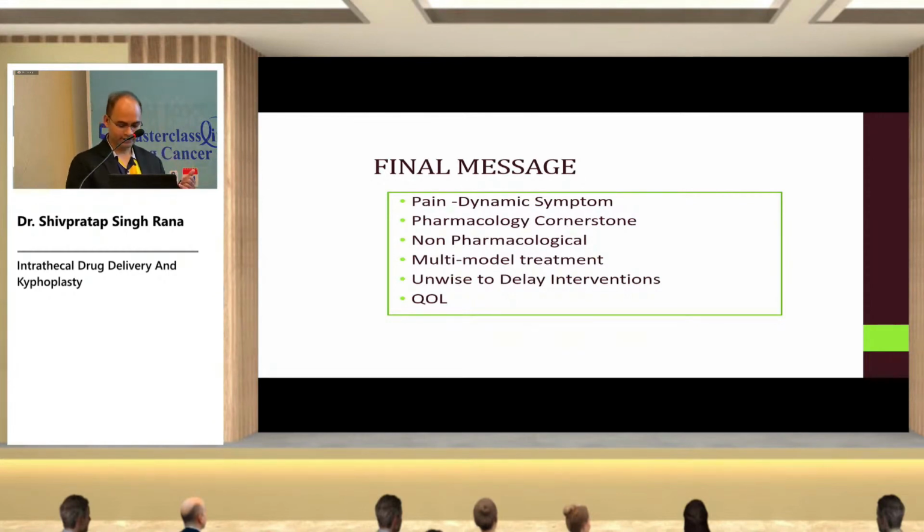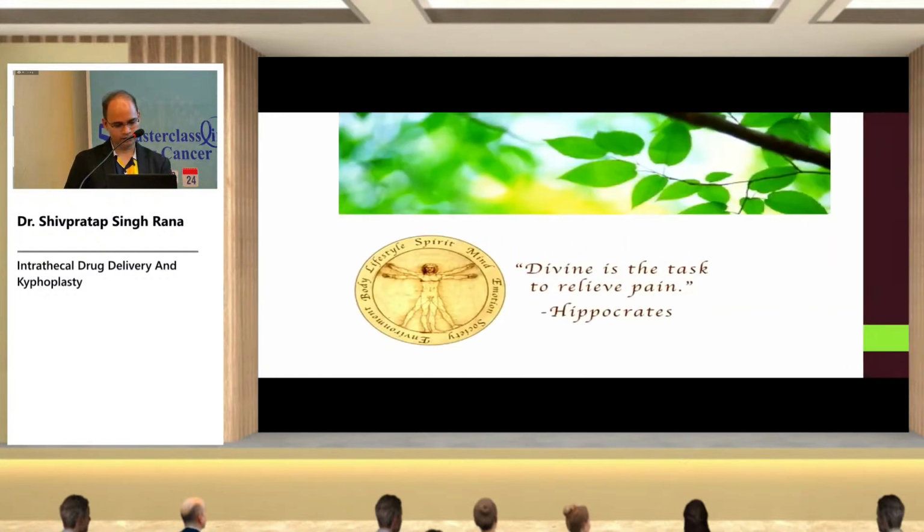It is very unwise to delay interventions. Palliative care doctors should also learn at least the basics of pain interventions, and whenever necessary, refer patients to a skilled doctor doing advanced interventions. Keeping in mind the quality of life of each patient is important. Okay, thank you very much.